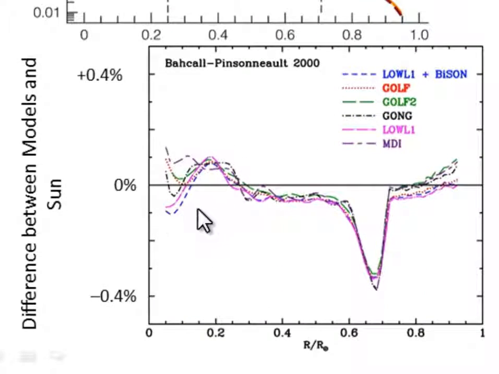The bottom graph shows another way to view this. It shows the percent difference between the model and the data, and what you see is that throughout most of the sun, the model is really close to the actual data from the sun. The only change is right here at about 70% of the sun's radius. That's where we have a difference. That's saying the models are not matching the data, although it's really close.